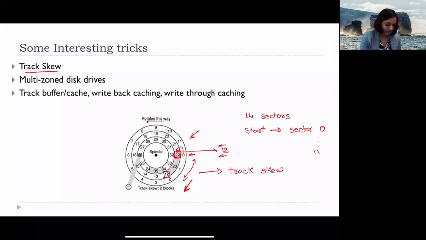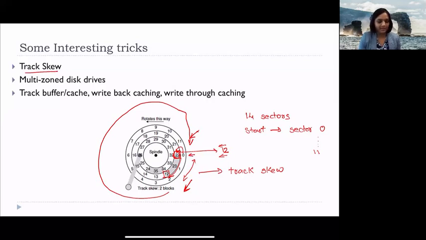Just because of the inertia, this location would have already gone somewhere. So then we would have to do a whole additional rotation to get that address 12 back to our head at which we wanted to write the data. An additional rotation means additional rotation latency.